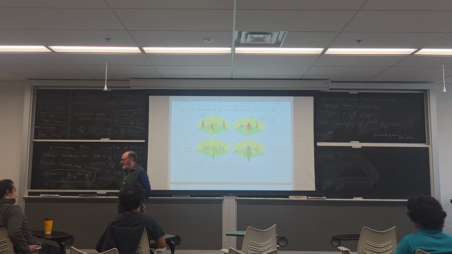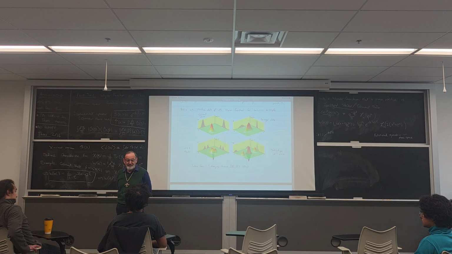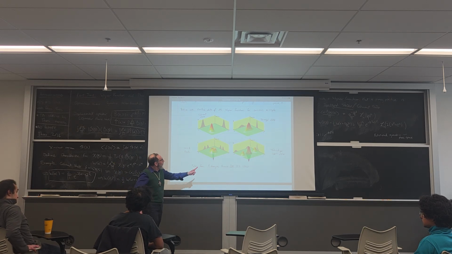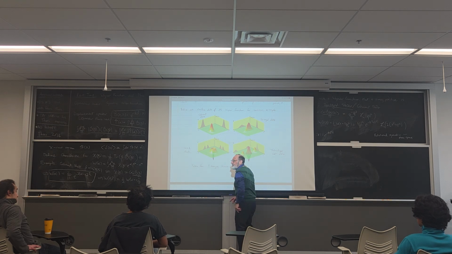What's the wave function of the harmonic oscillator in the first excited state? It's a Hermite polynomial times a Gaussian, right? It's the first Hermite polynomial times a Gaussian. And that's what we see in these shadows.